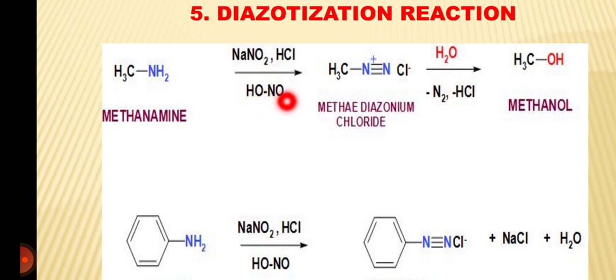This nitrous acid then reacts with methylamine to form methane diazonium chloride, which, being unstable, easily reacts with the water molecule to liberate nitrogen gas and HCl, and it gives formation of methanol. So dear student, this is one of the preparations of alcohol from amines.